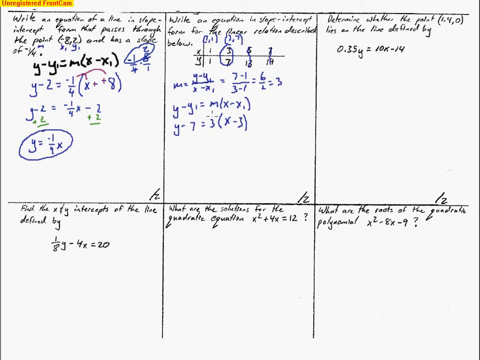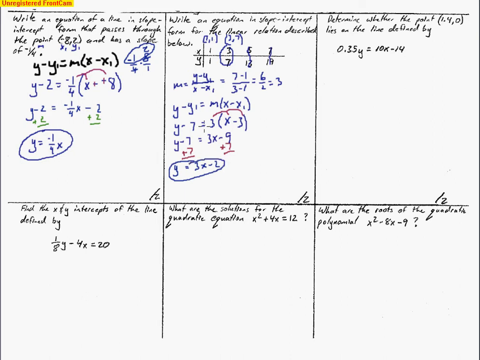We use the distributive property, multiply the 3 over that subtraction. So what we've got left is y minus 7 equals 3x minus 9. And then from that point we use the addition property of equality, which says if you add a number to one side, you can add it to the other side, and you keep the equation in balance. And so doing that allows us to get y by itself. So now we have y equals 3x minus 2. And that is our answer.